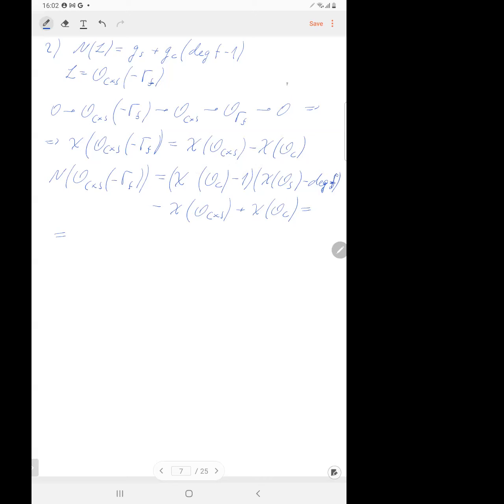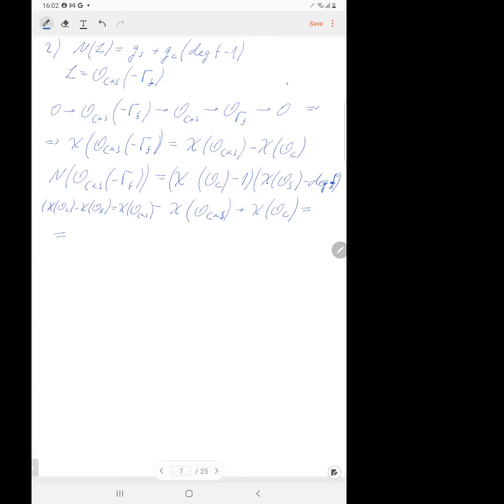And then we subtract the Euler characteristic of the surface, C times S. So it kills the product, right? I mean, the Euler characteristic of OC times Euler characteristic of OS is equal to Euler characteristic of OC times S.